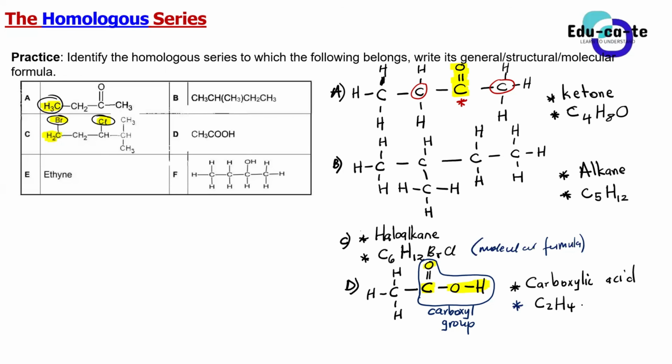And O. O alone, only one oxygen? 2, sir. How many oxygens do you guys have? We have 2 oxygens, guys, in a carboxylic acid.